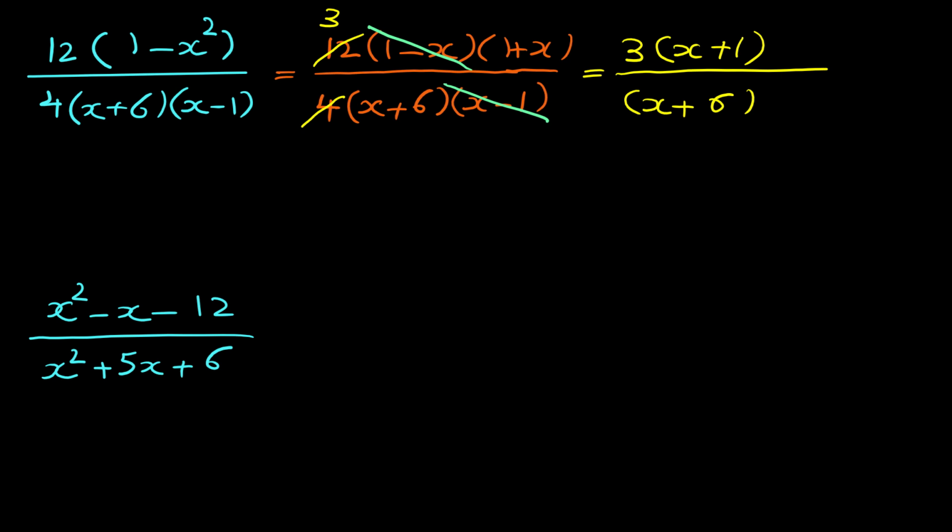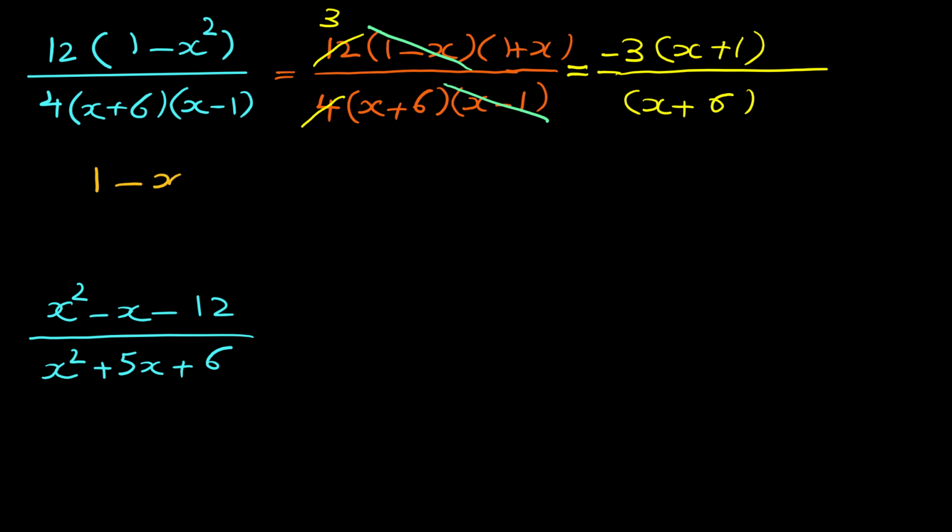We can put that negative here, or you can put that negative here. It's up to you to put the negative in the numerator or in front of your fraction. So we can write our answer in this form, for example: negative 3 times (x plus 1) all over (x plus 6).